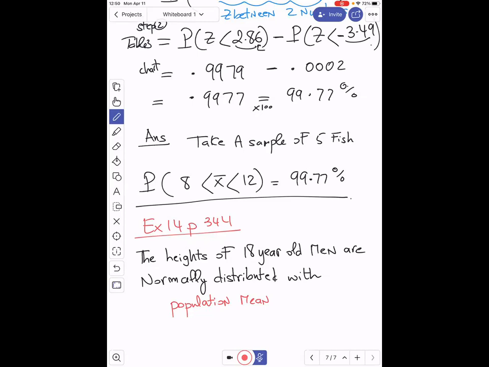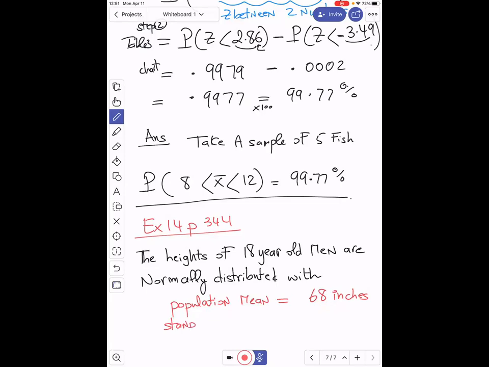And then the mean, the average of the whole population of 18-year-old men, is actually 68 inches. And with the population standard deviation equal to 3 inches.